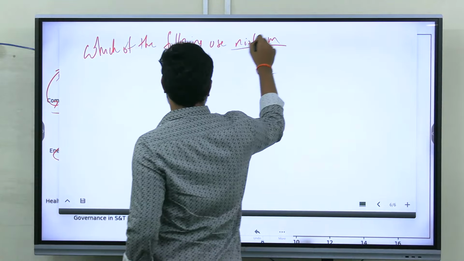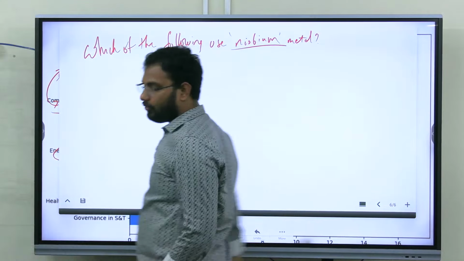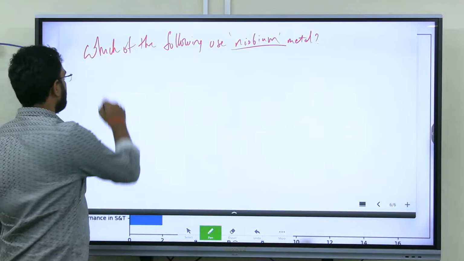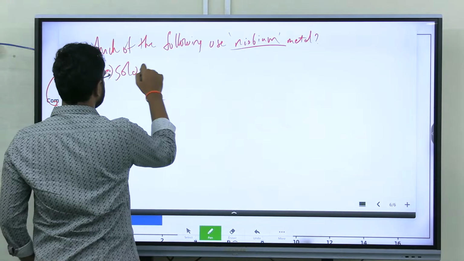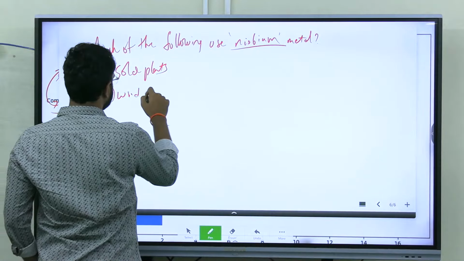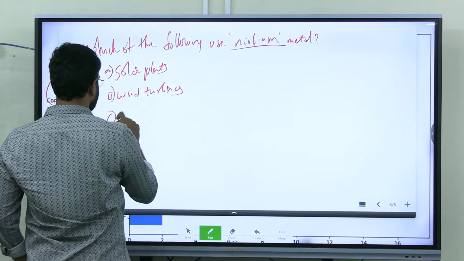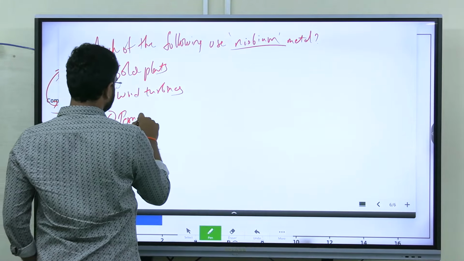The niobium metal. Options are: solar plants, wind turbines, C is permanent magnets.